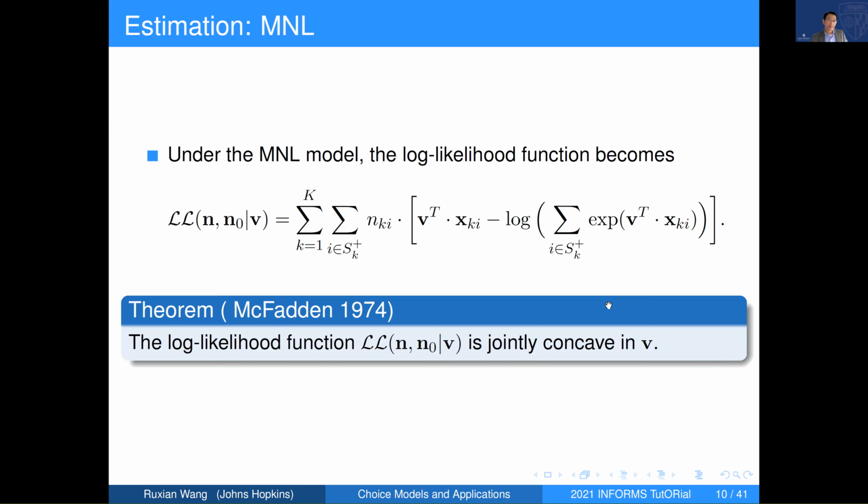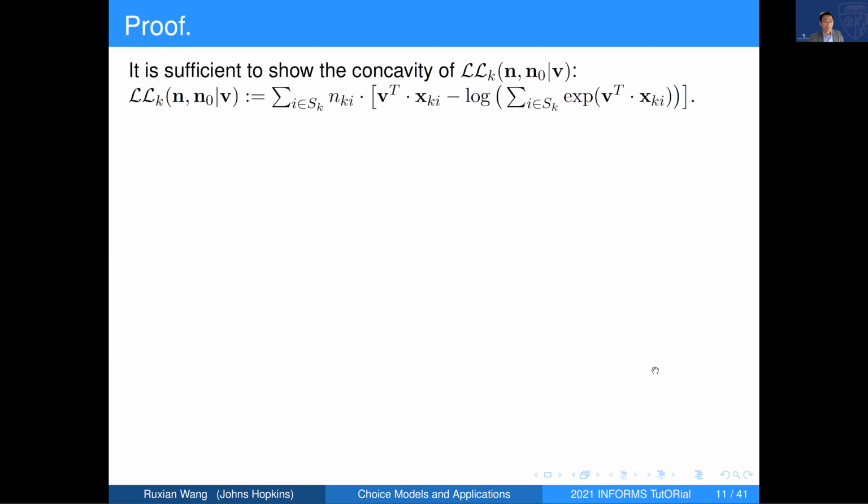We can take the MLE, maximum likelihood estimation approach, to maximize the likelihood function or the log likelihood function. And actually, McFadden shows this one is jointly concave in v, so it's very easy to estimate.